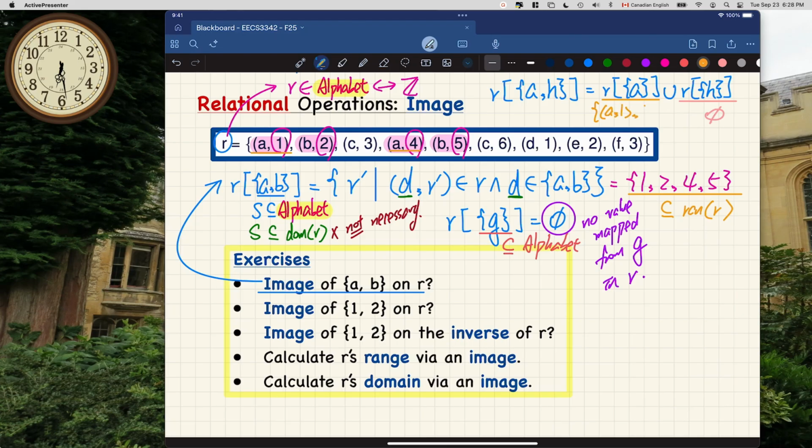So the answer for this one here would be just this set of pairs. You can think about we're trying to map individually from the image over here, A and B, and then collect them together by union. Okay, all good.